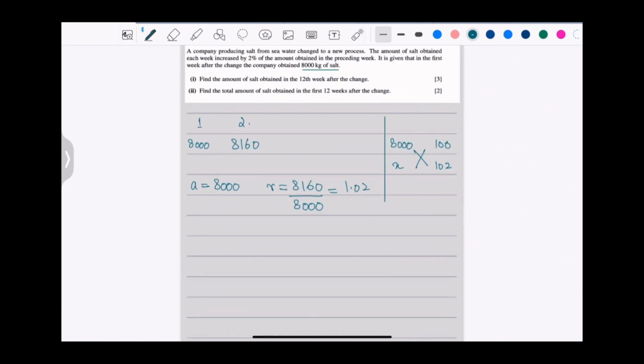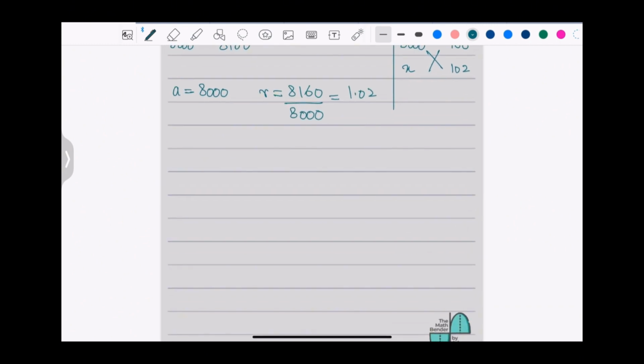Now find the amount of salt obtained in the 12th week. So for part 1, A is 8,000, the ratio is 1.02, n is 12, and u of n, because it's asking for the 12th week.